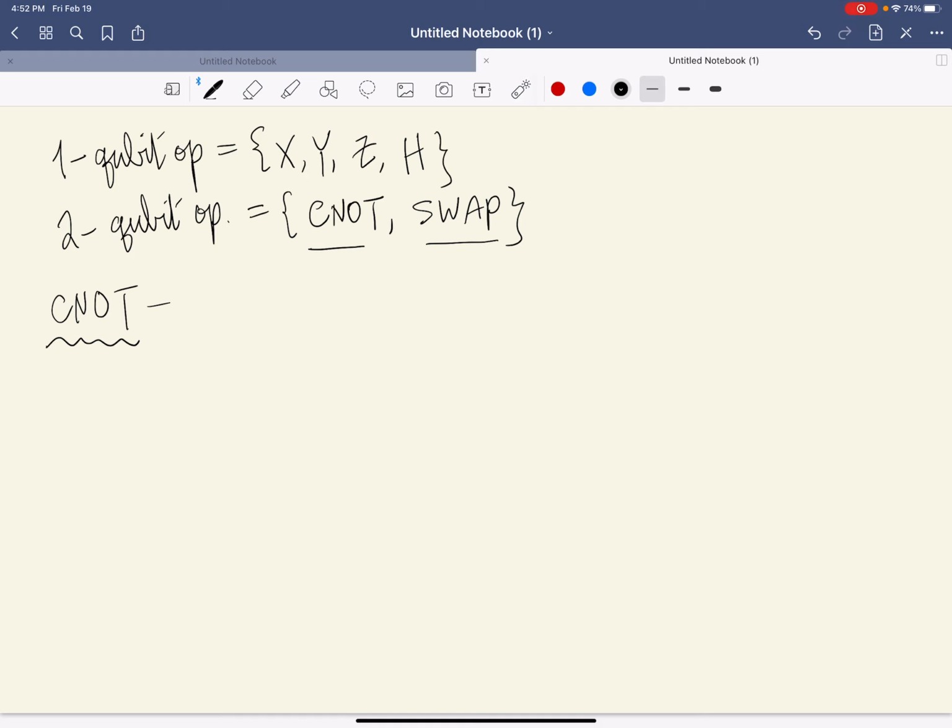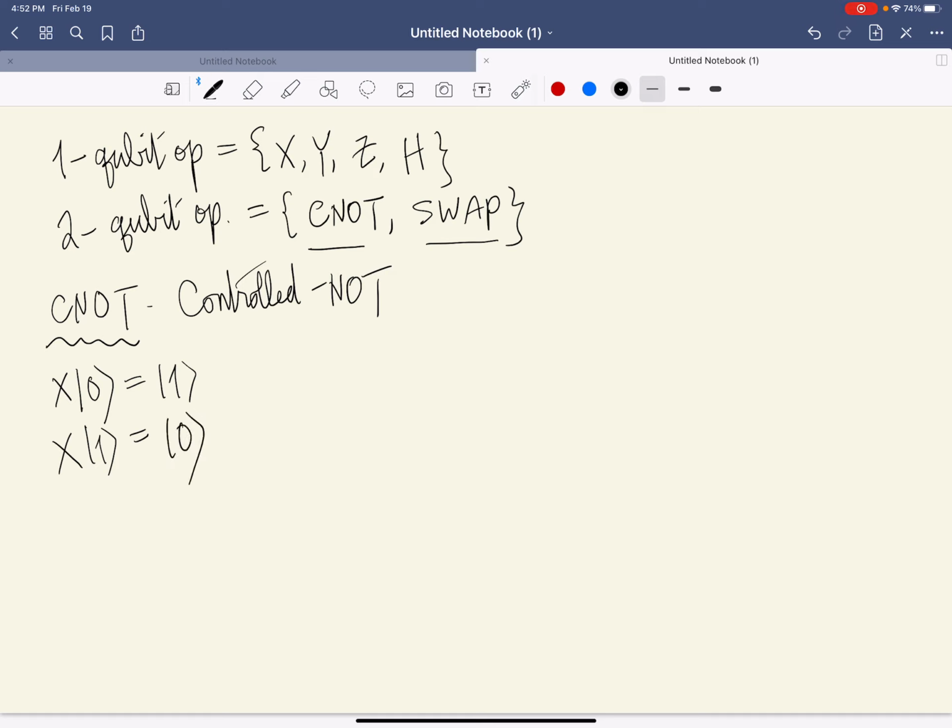In fact, Cnot is a familiar operation also in classical computation. So Cnot stands for controlled not operation. A not operation, which I designated as X before, simply flips the state of a bit from 1 to 0 and 0 to 1.